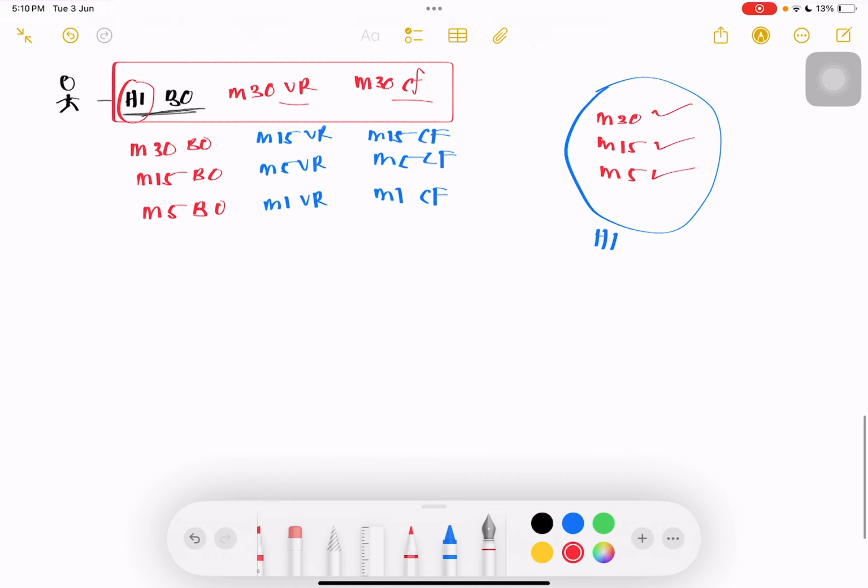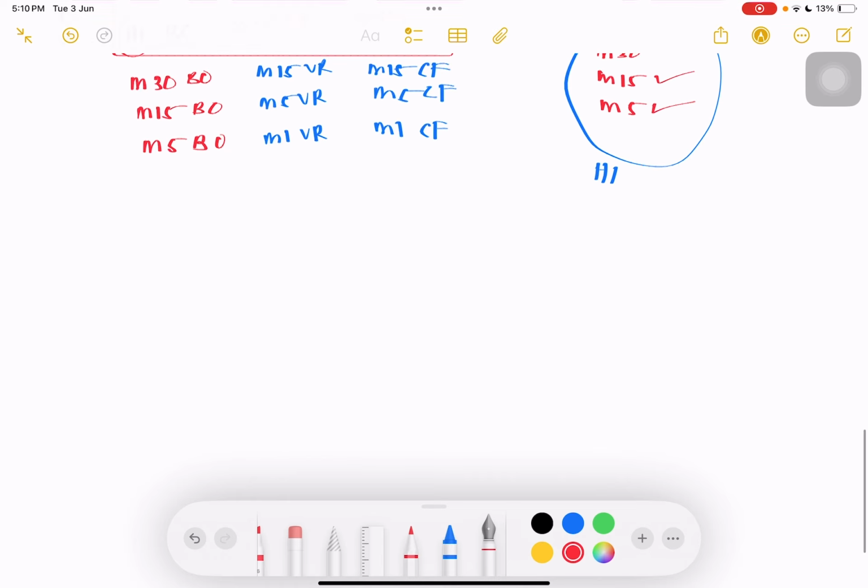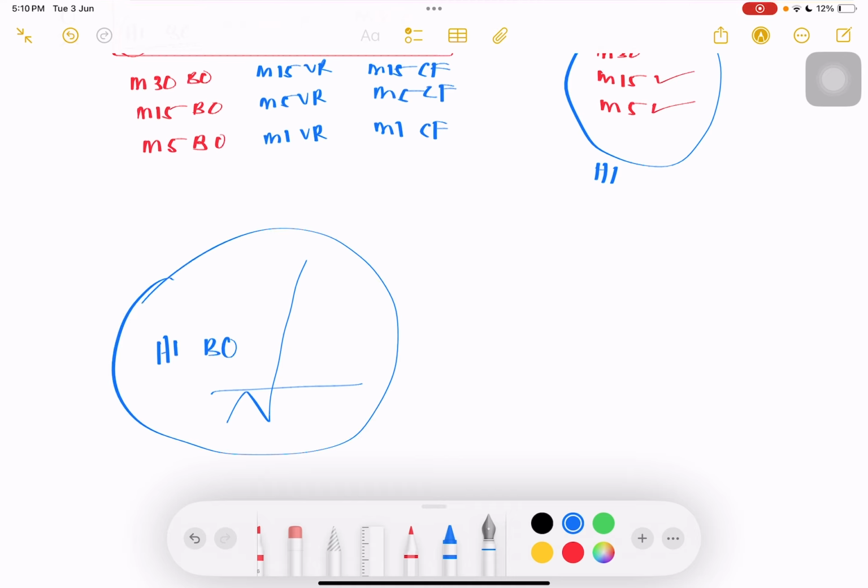Like I told you earlier, M5 breakout point. Let's say this is H1, H1 BO. Before H1 BO is formed, there must be M5 BO buy, and then M15 BO buy.